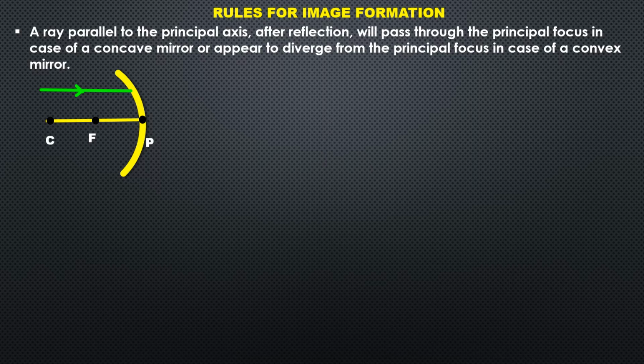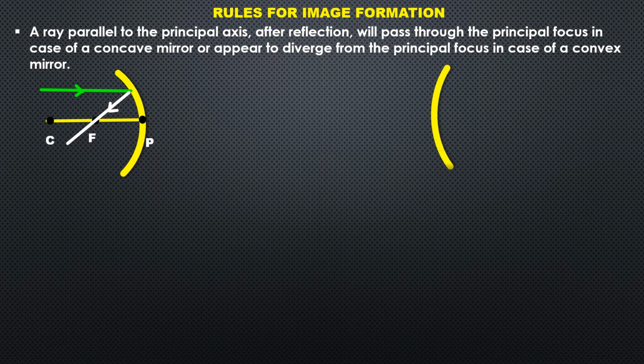Then the rule says that after reflection, it will pass through the principal focus in the case of a concave mirror. So this light ray goes through the principal focus like this. This is how we have to make the ray diagram. Whenever there is a light ray which is initially parallel to the principal axis, after reflection it will pass through the principal focus.